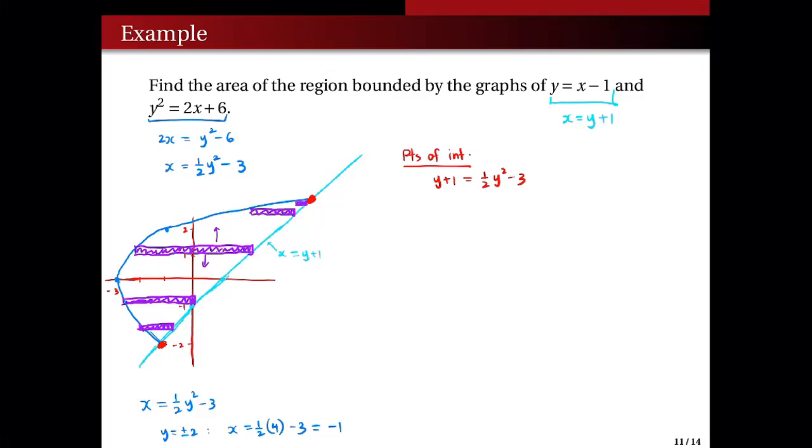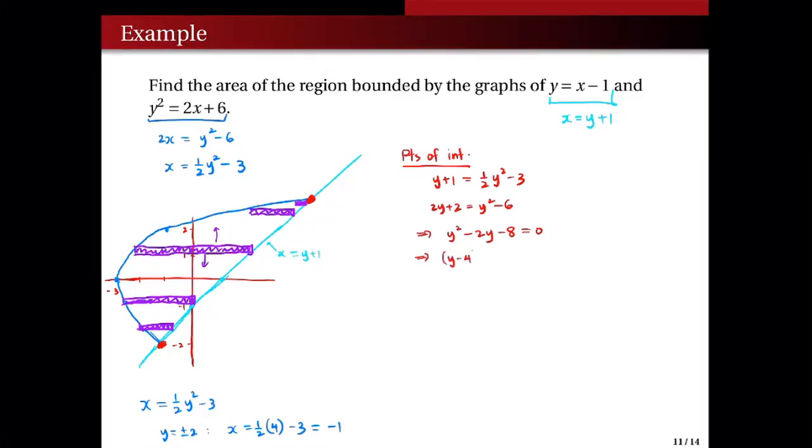All right. So anyway, let us solve for y in here. We will have 2y plus 2 equals y squared minus 6, or we rewrite this as y squared minus 2y minus 8 equals 0. You can use your quadratic formula to solve this. I'll just use factoring.